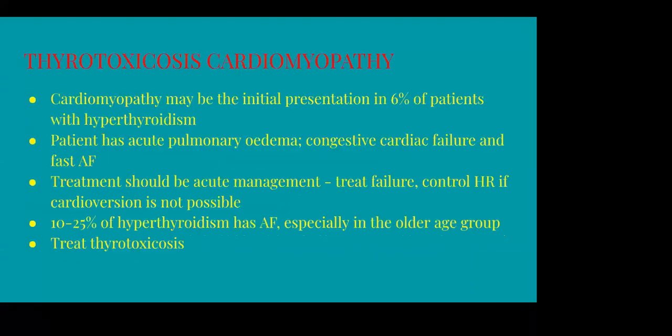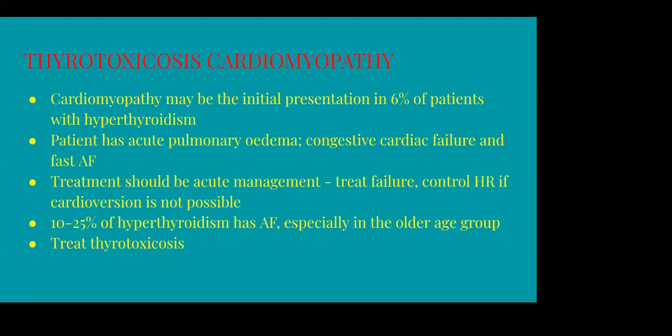So the final diagnosis, okay, the patient actually has thyrotoxic cardiomyopathy with a very low TSH. The cardiomyopathy may be the initial presentation in 6% of patients with hyperthyroidism, meaning they did not present with any other symptoms that suggest thyrotoxicosis.